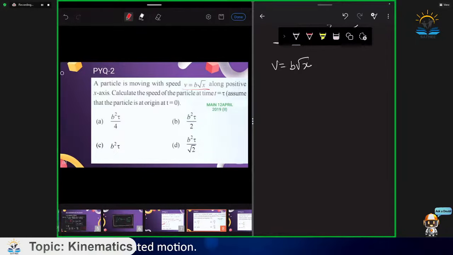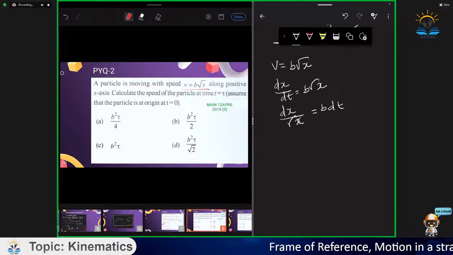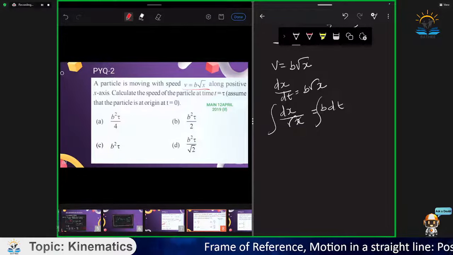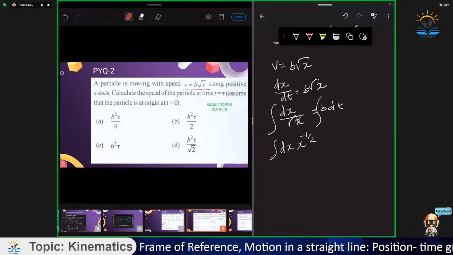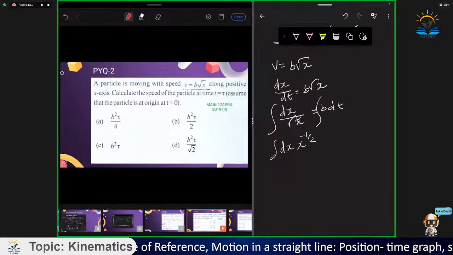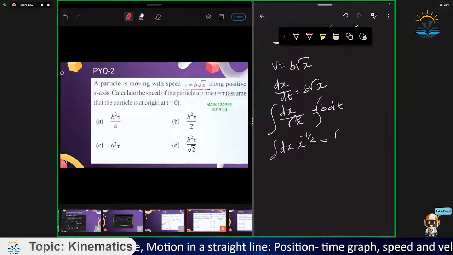So we can write velocity as dx upon dt equals b root x. Taking dx upon root x, it equals b dt. By integrating, the integral of dx times x raised to minus 1 by 2, since 1 by root x is x raised to minus 1 by 2, equals the integral of b dt.